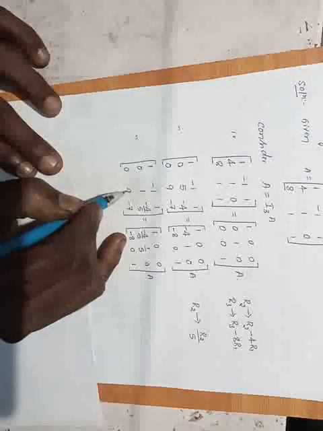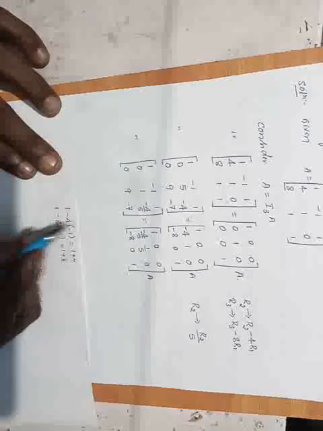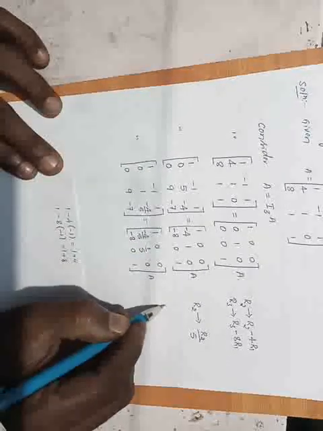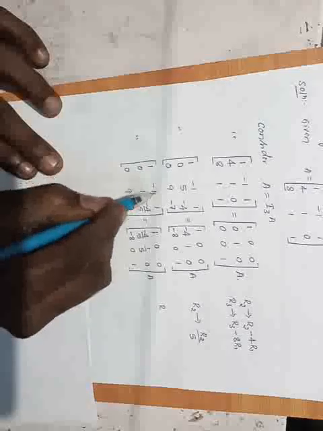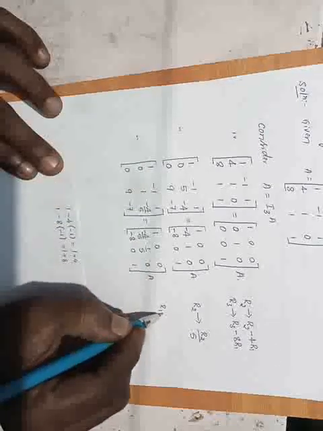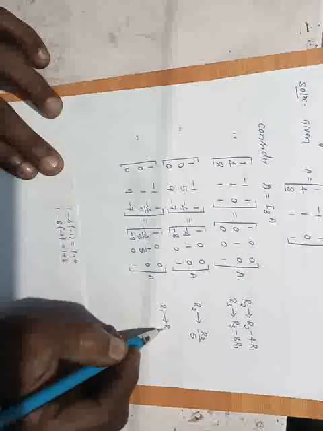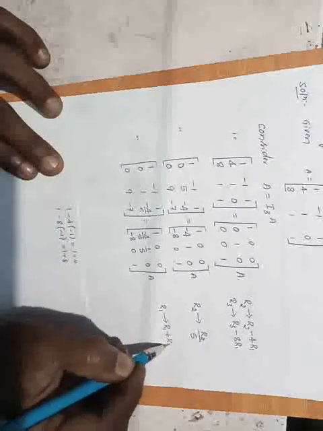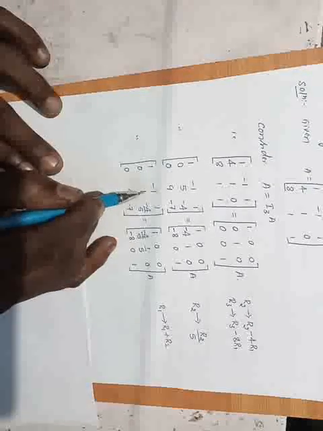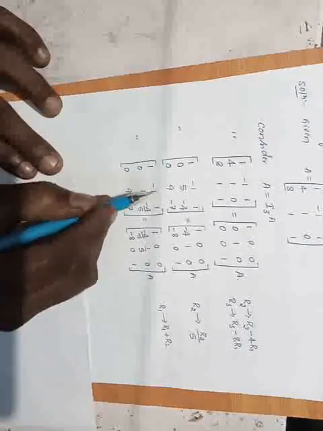So to make 9 equal to 0, and to make minus 1 equal to 0, I have to change R1 now. R1 changes to R1 plus R2. Am I right? This is minus 1, this is plus 1. If I add these two, you will get 0 here.